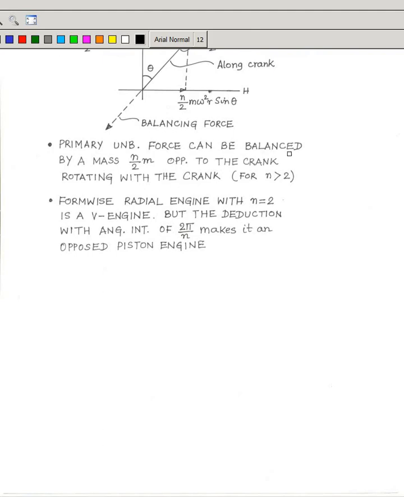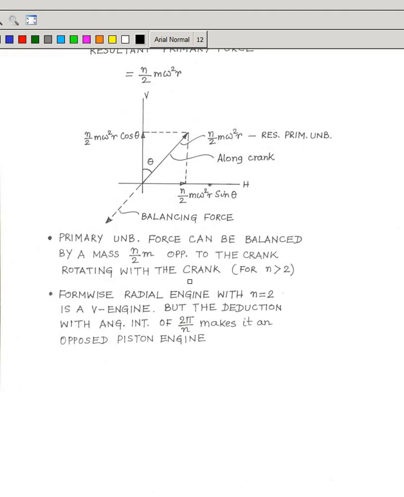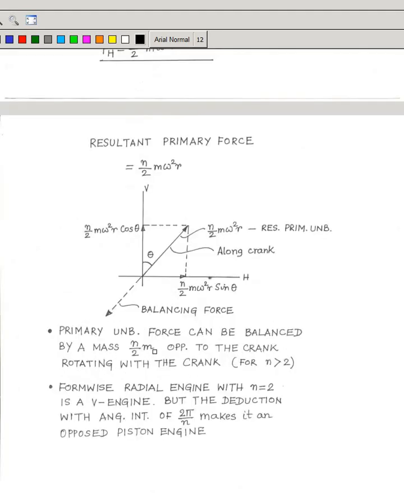So the primary unbalanced force can be balanced by a mass n by 2 m opposite to the crank, rotating with the crank, but it also depends upon the distance. So this is the balancing mass mb into the distance at which it is placed, b, and it has to be equal to n by 2 m omega square r.